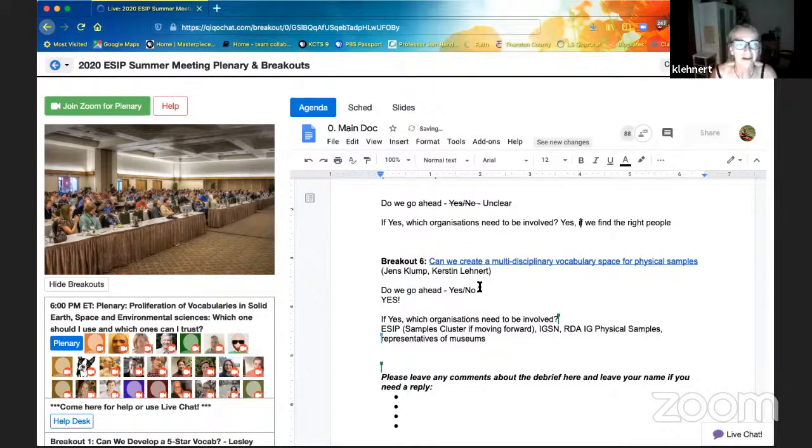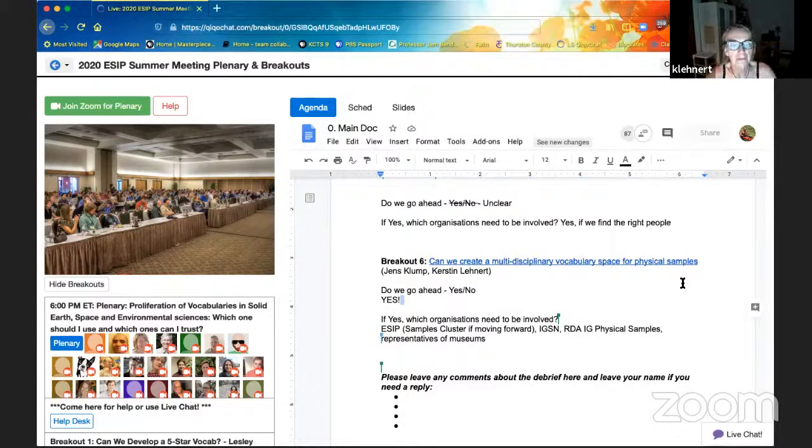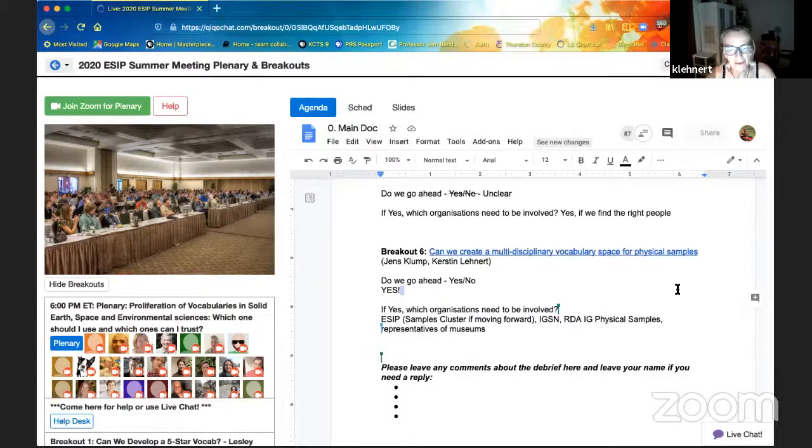Yes, there was easy consensus on moving forward with this. We had good discussions about the need for describing samples consistently, and also about the challenges of doing so, considering legacy descriptions versus ways to move into the future, and how to accommodate that, balancing between standardization that is relevant for future machine readable and processable metadata, but also leaving enough space to expand and take new perspectives and context for samples.